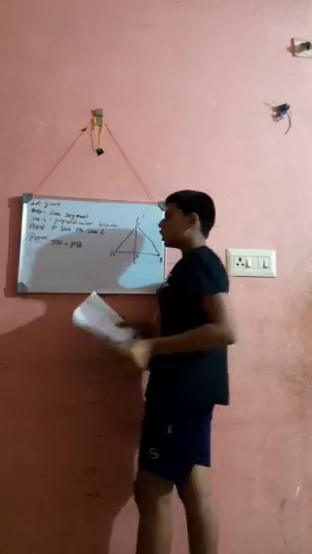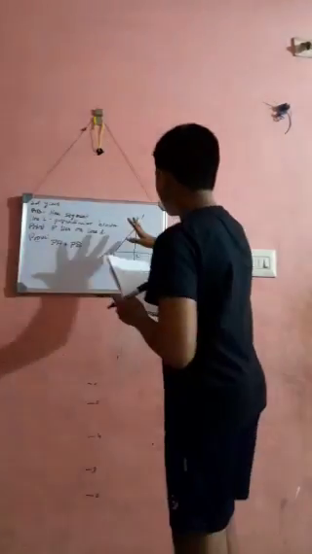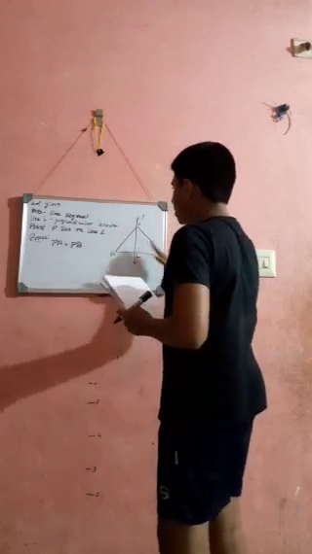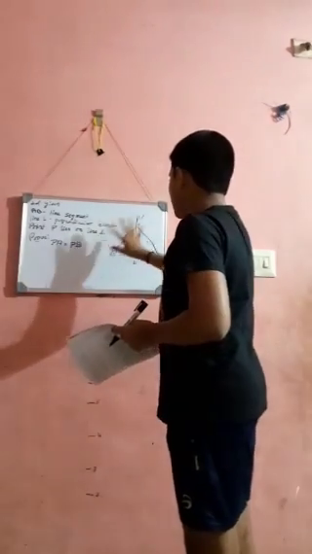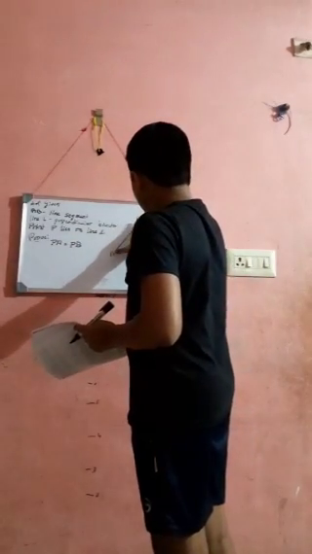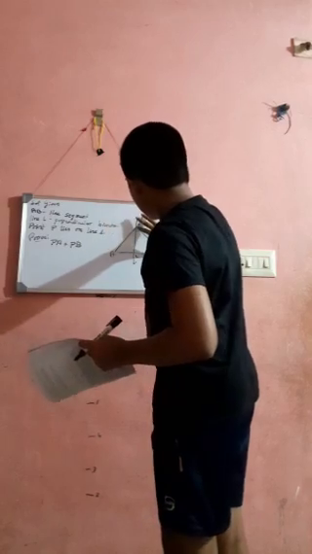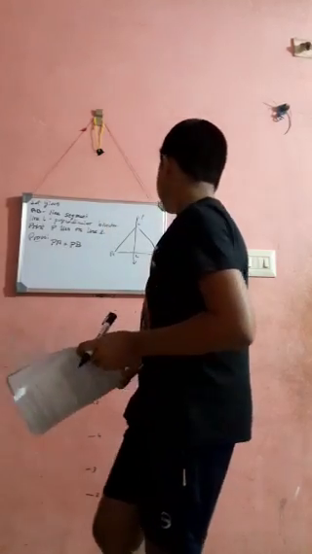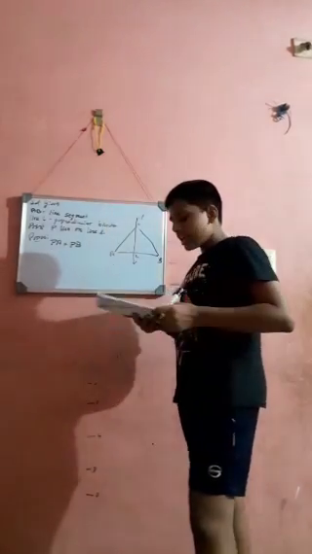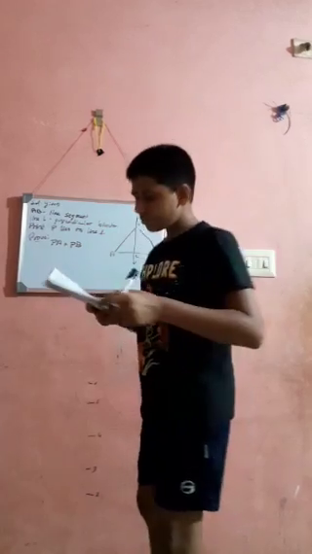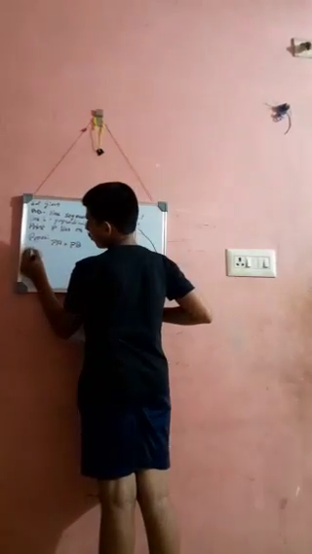The question is like this: show that P is equidistant from A and B, means PA is equal to PB. Both sides should be equal. So prove.